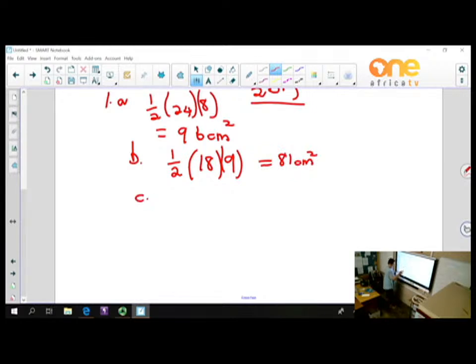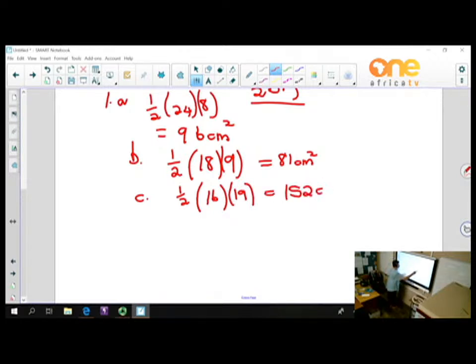Number C, it must be the perpendicular ones. Now, look at that one. The base will be 16, and the perpendicular height is 19, half base height. They must be perpendicular.